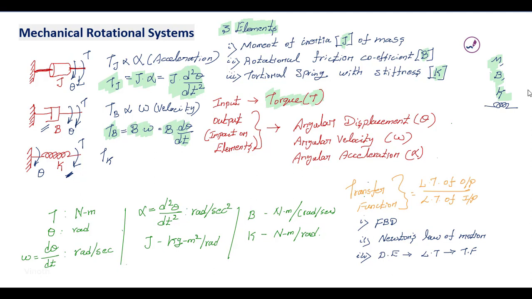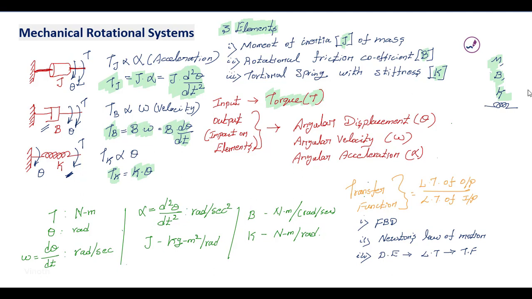The opposing torque on the spring element is directly proportional to the angular displacement, and with the proportionality constant it is K into theta. So the resultant torque at the spring element when external torque is applied is K into theta.